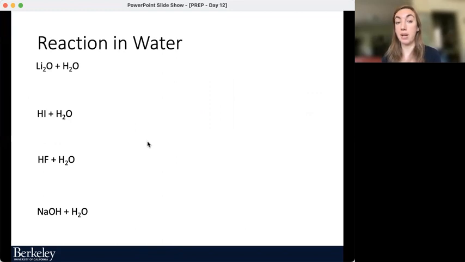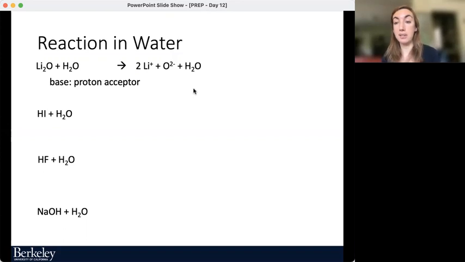So what I found from my chart is that Li2O is a base. The first thing that's going to happen is it's going to split up into its ions. Nothing has happened to the water yet. The Li and the oxygen have just split up. So I have my lithium cations and there's 2 of them and my oxygen -2 anion. Acids are proton donors and bases are proton acceptors.